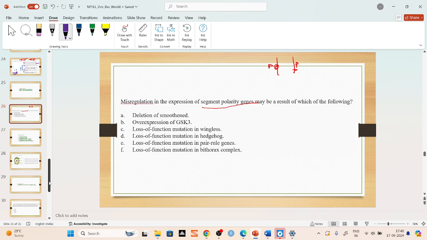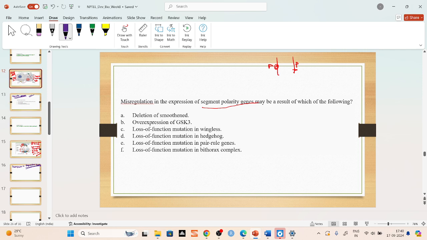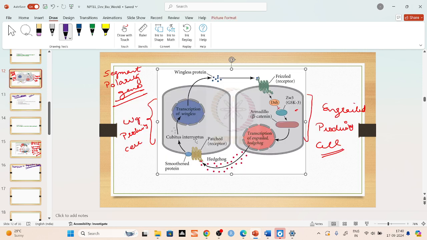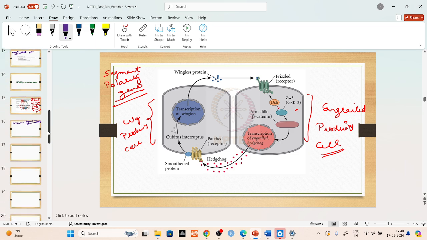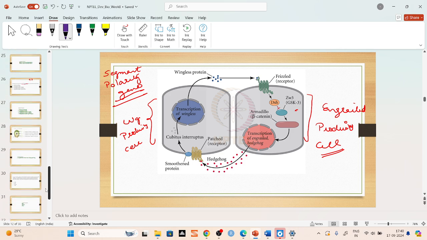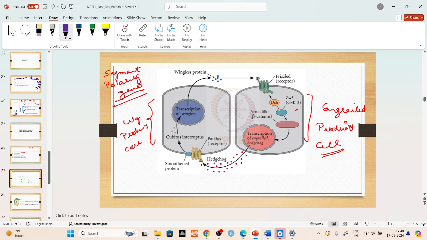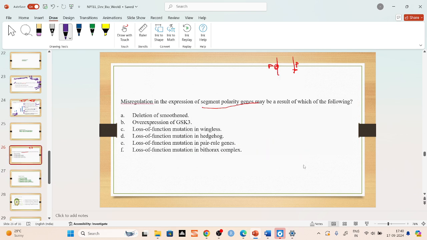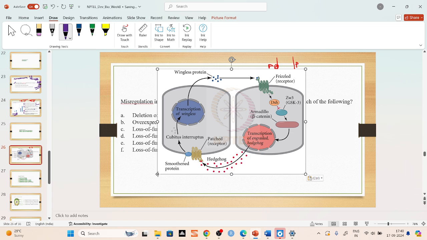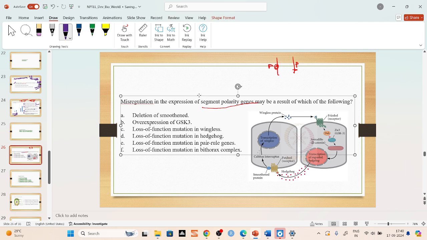So for this, let us again try to see this figure. Just a minute, I'm sorry for this noise. I'll paste it here so that it becomes easier for you to understand.